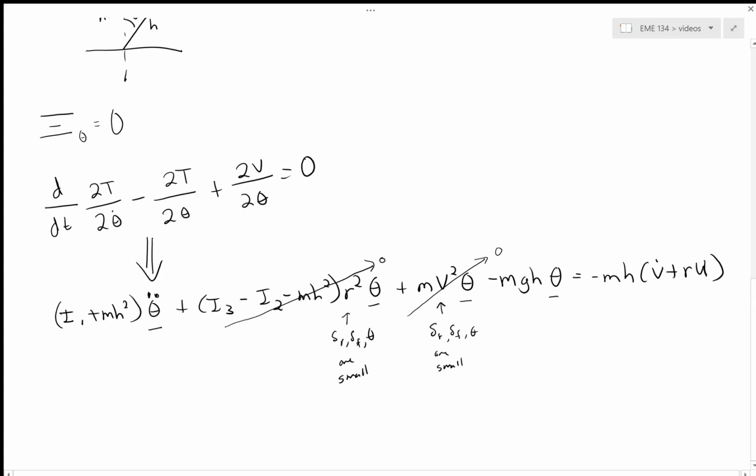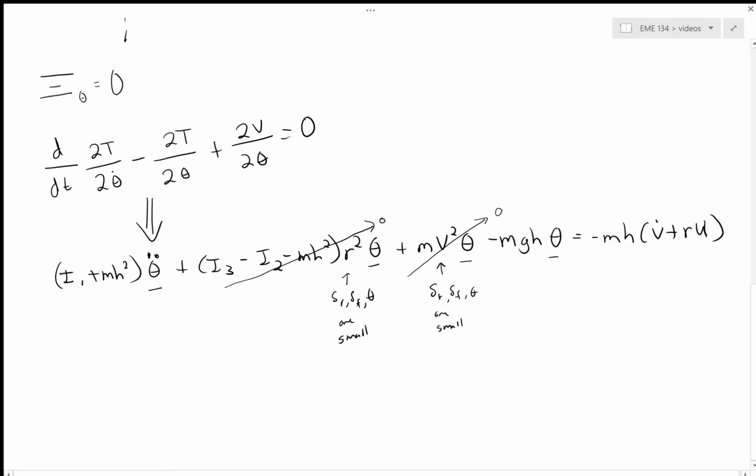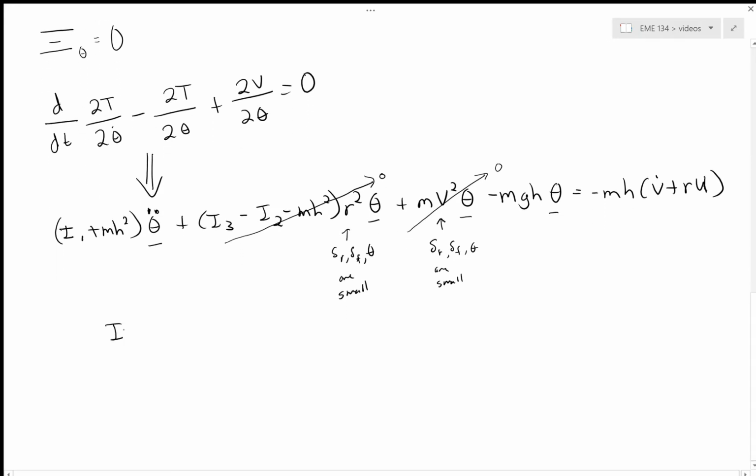So we can drop those, and then we just have I1 plus mh squared theta double dot minus mgh theta equals negative mh v dot plus ru.